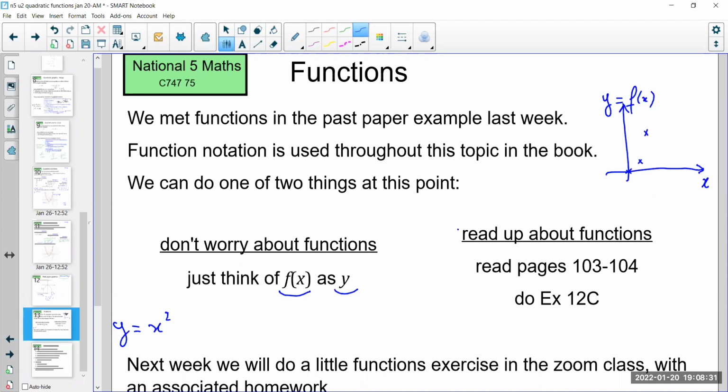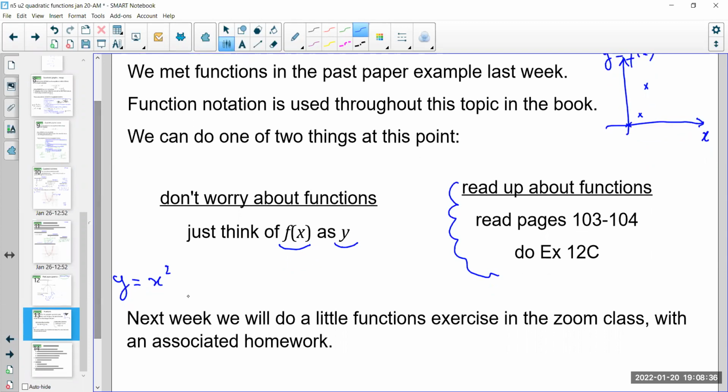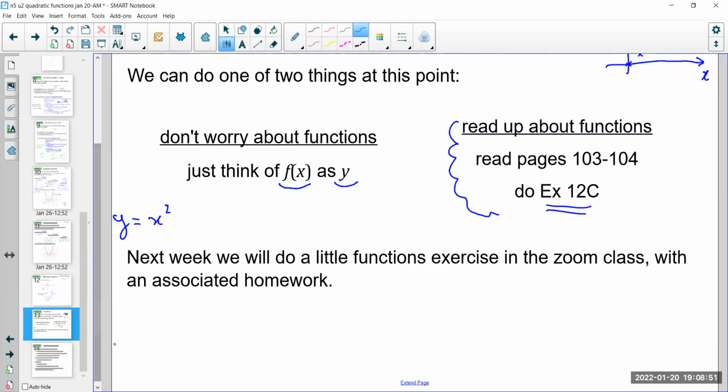So if you want to know more about functions, you can read back page 103 and 104 from your Lecky and just practice with 12C. Okay, so next week we will do a little functions exercise in the Zoom class with an associated homework. But don't worry what f of x means.